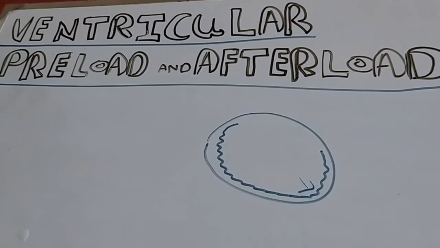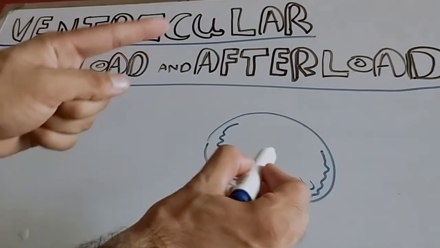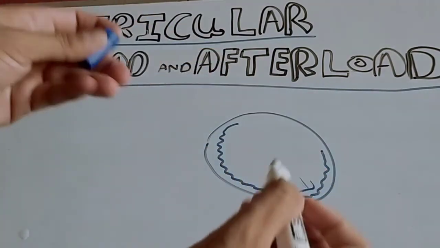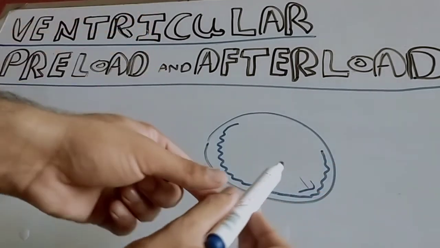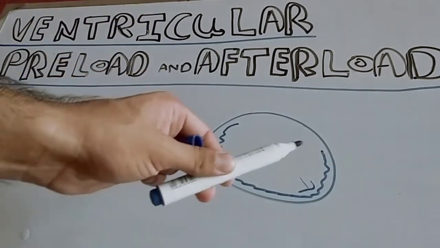So there must be a greater ventricular force that can propel this blood out of the ventricles. I would repeat again that this blood is exerting force on the walls of the ventricle, and the walls of the ventricle are also not in the relaxed phase. They are also in the tense phase.